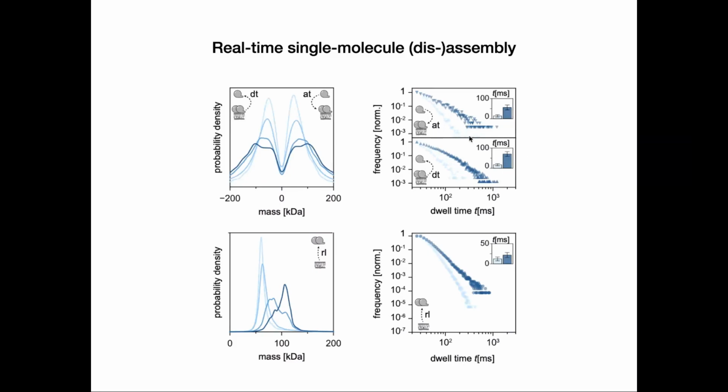And basically, to summarize, here light to dark means larger oligomers. So in general, larger oligomers are also more stable on the membrane.